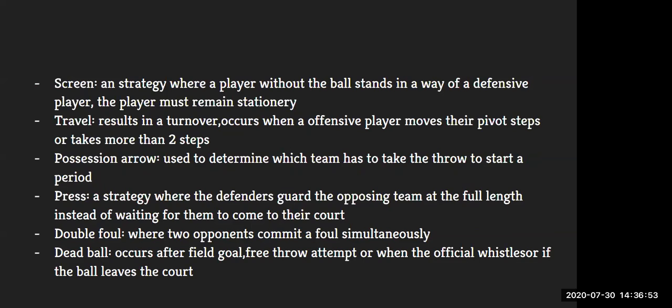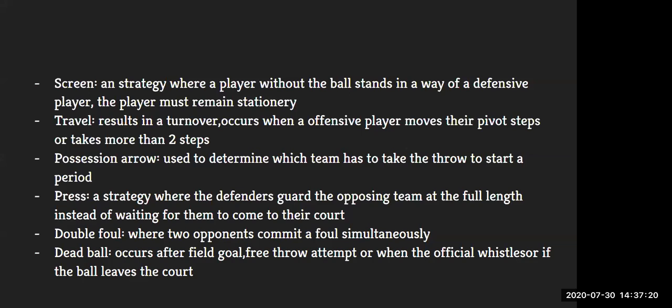A screen is when you stand in the way of a defensive player, so the player that player was defending gets to move and pass the ball or score ahead.